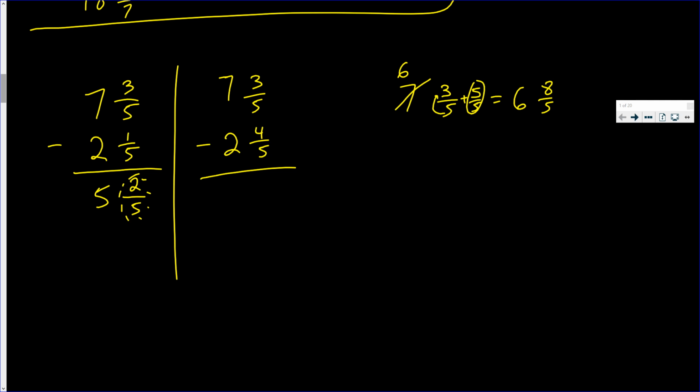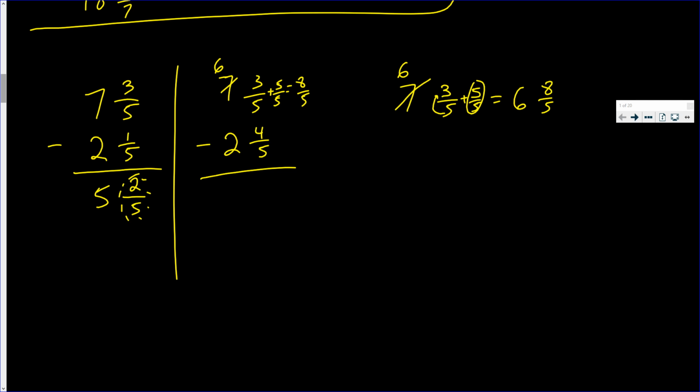And you're going to get 6 8/5. I borrow 1 here, and I have to add 1. Not that type of 1. That's adding 10 over 5. I'm supposed to only add 5 over 5, which gives me 8/5.